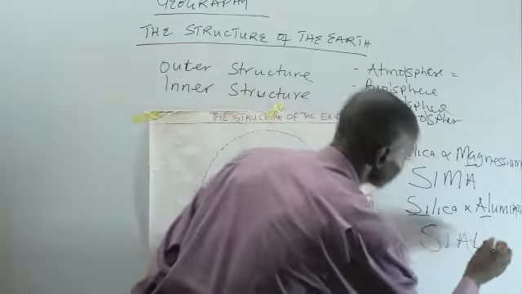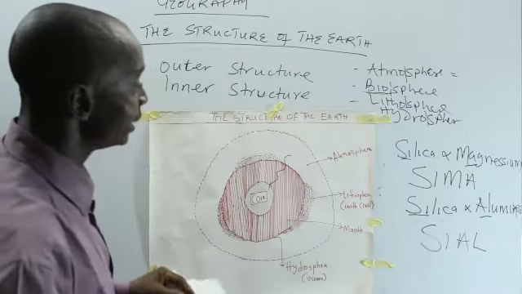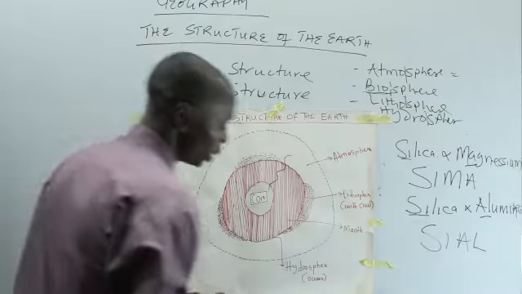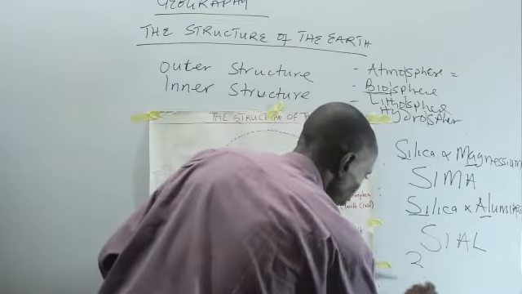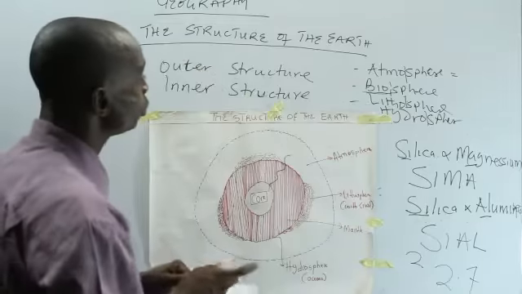Sial. Understand? But Sima is denser. It's denser than Sial. It has a weight of 2.7.